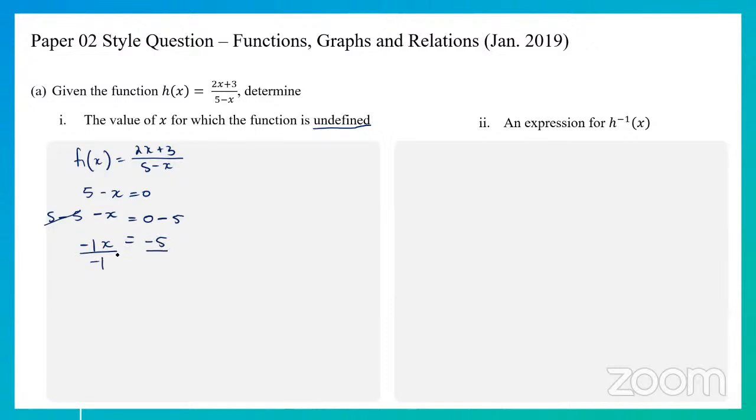Whatever I do on one side, I do the same on the other side. Negative 5 divided by negative 1: a negative divided by a negative gives a positive. 5 divided by 1 is 5. Negative 1 cancels out negative 1 here, so x equals 5.